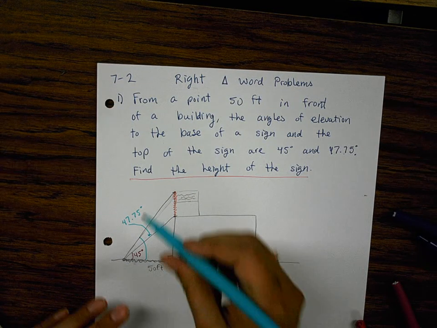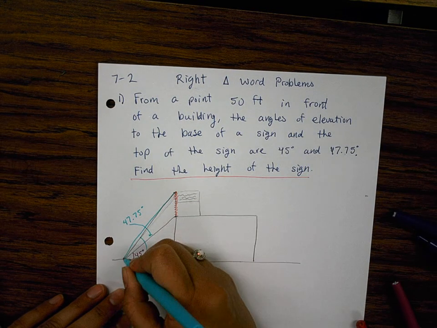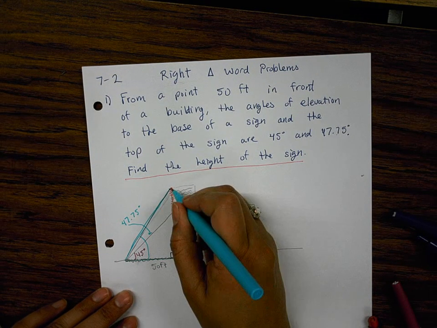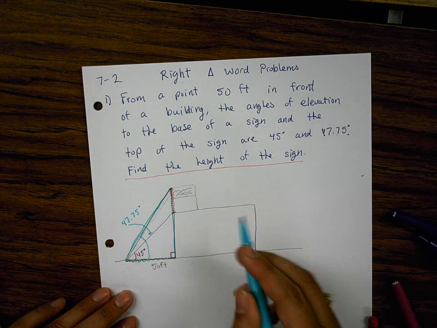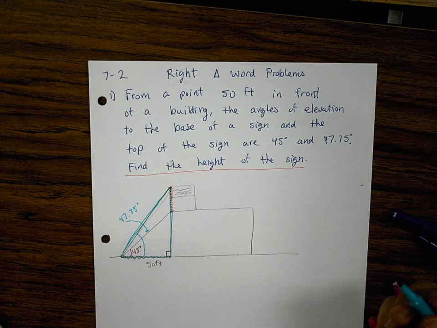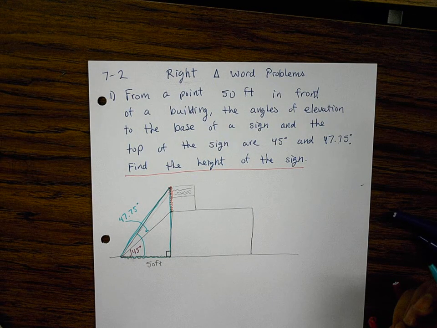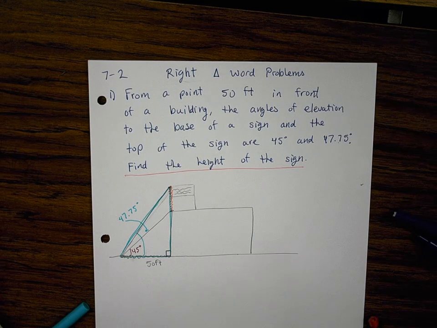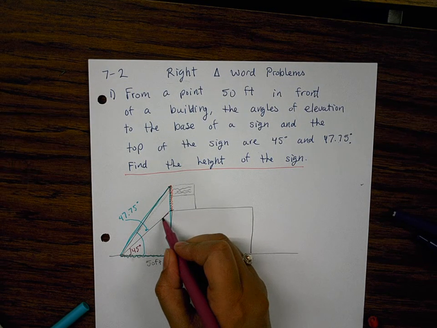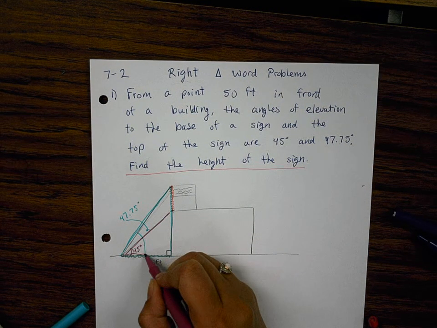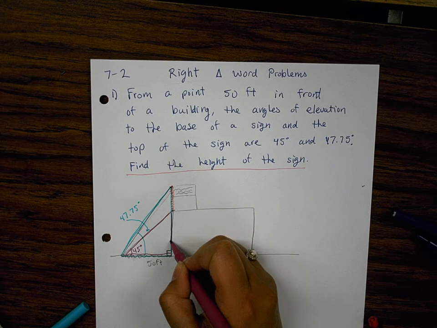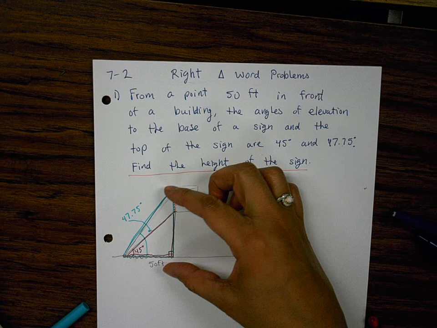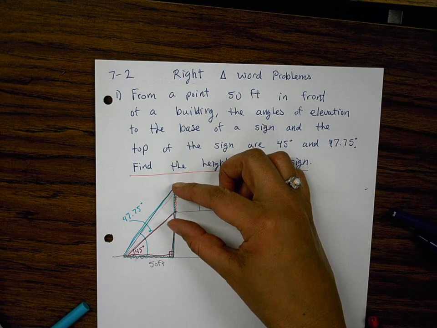Okay, so what we're going to do, I'm just going to outline this a little bit, using right triangle trig, find the height of our big triangle. Find the height of the big triangle. And then, again, still using right triangle trig, find the height of our small triangle.